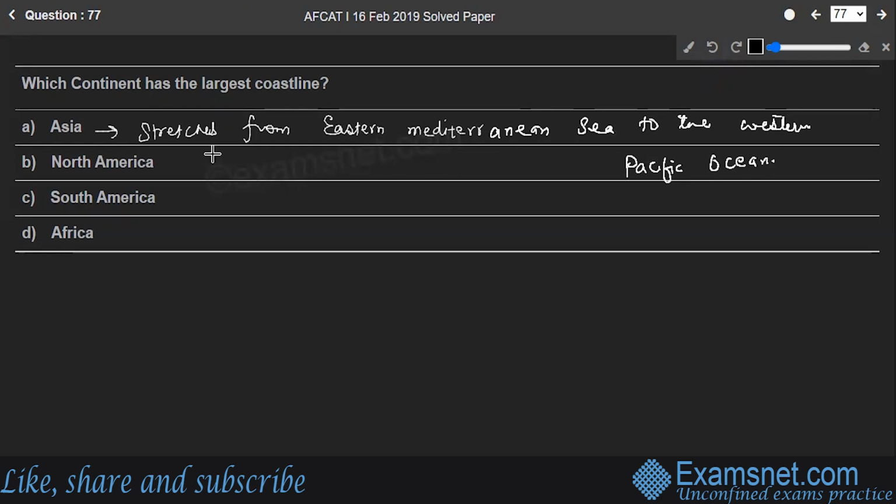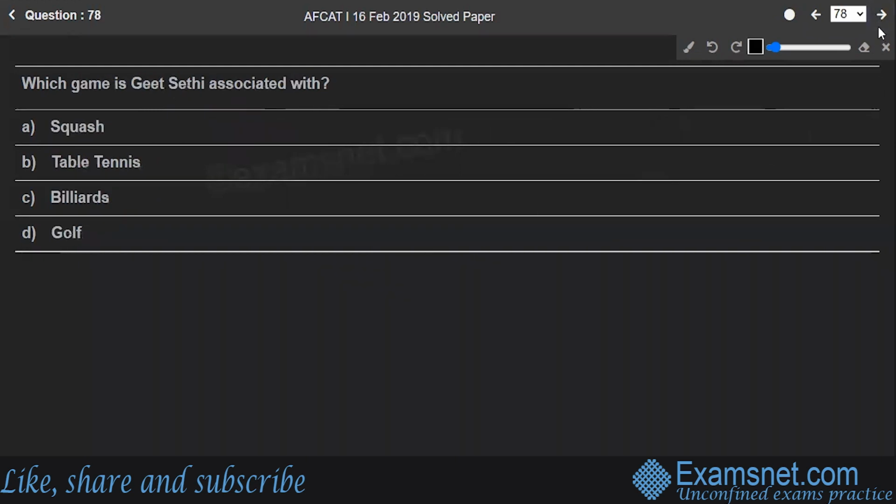There are more than 40 countries in Asia. Some are among the most populated countries in the world, like China, India, Indonesia. So, which continent has the largest coastline? It's Asia, option A.